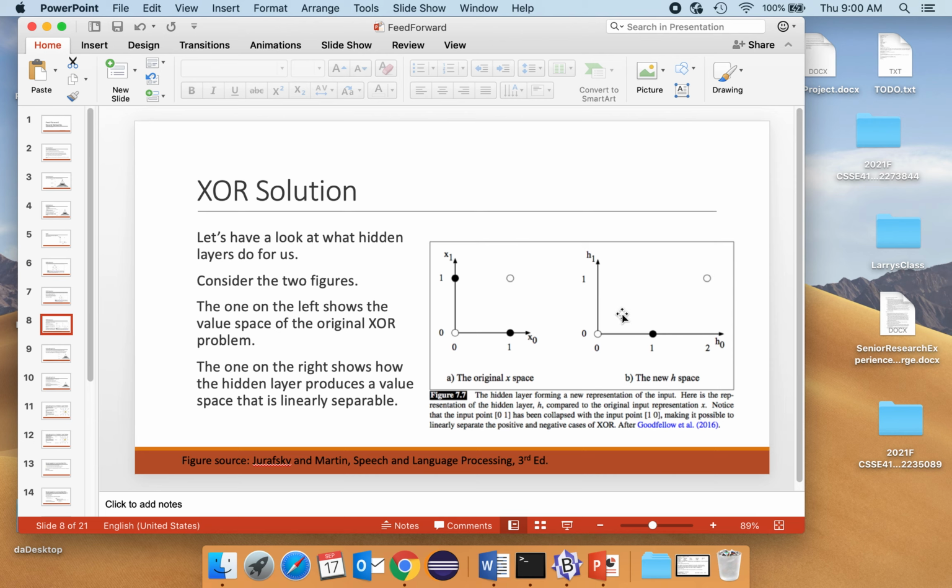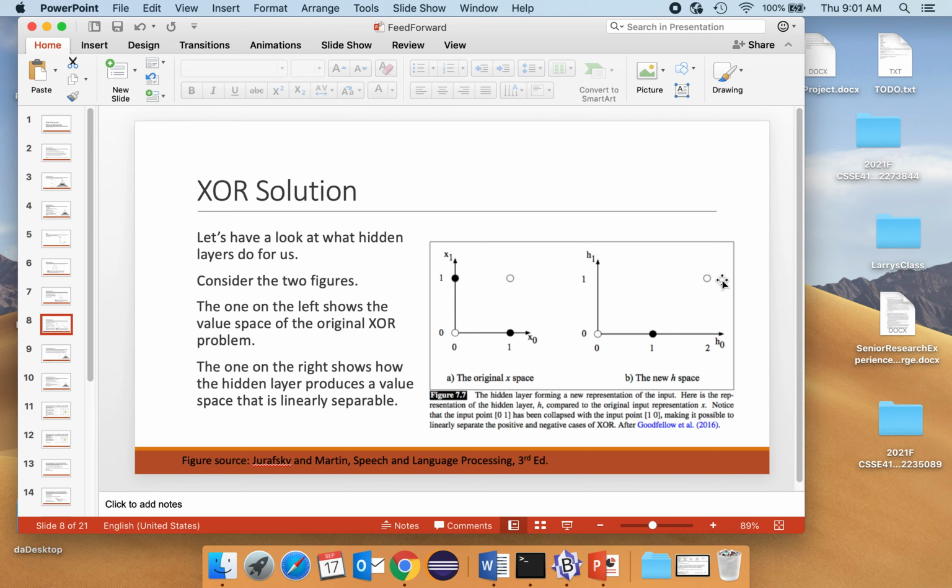Notice that as combinations for h1 and h2, we have 0, 0, in which case the output should be 0. We have 2, 1, in which case the output should be 0. And then we have 1, 0 for the 0, 1 input and the 1, 0 input, and they should be 1. So they both map into this. But the key thing is that you can tell that you can linearly separate this.